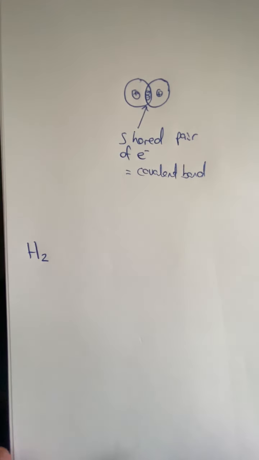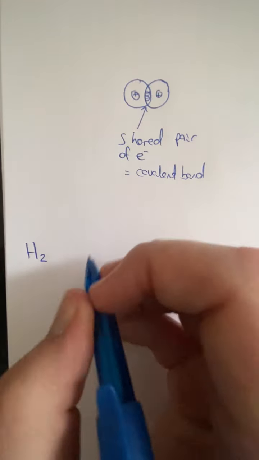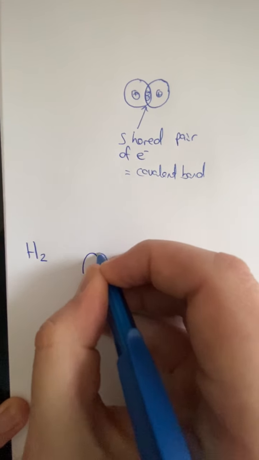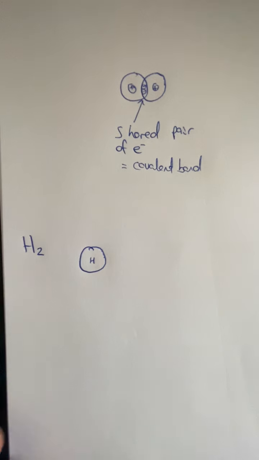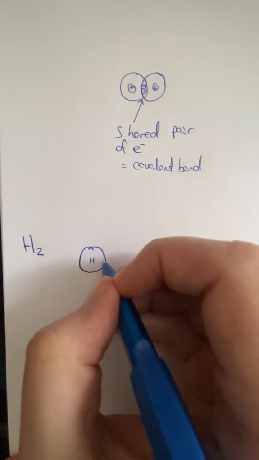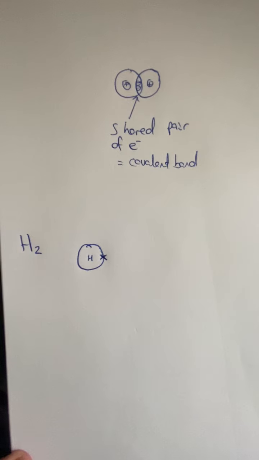When we're doing this, the first thing you always want to do is draw the outer electrons for each atom that's in your compound or molecule. So in this case, it's made up of two hydrogens, and you know from the data booklet that hydrogen has one electron.